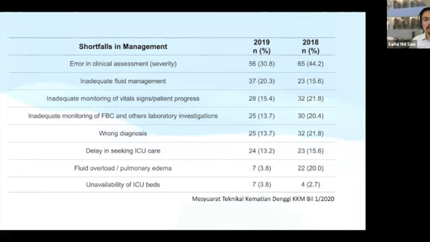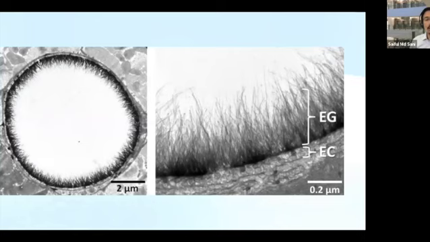It varies between errors in clinical assessment, inadequate fluid management, up to unavailability of ICU beds, as simple as that. So as you can see, if one were to research the pathophysiology of dengue, it can be confounded by all these factors.